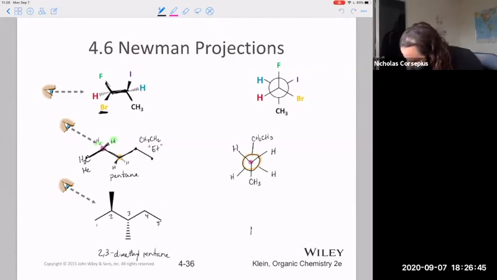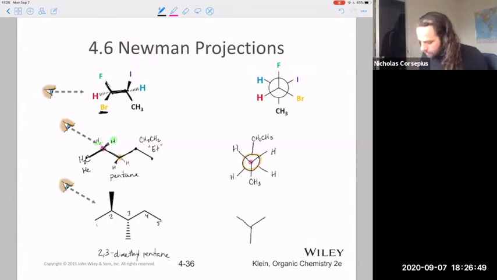So that means I'm going to start with the upside down Mercedes symbol. And now what's going to go where? So I have a methyl group here, but now I also have a methyl group here. This is still my ethyl group. And then down here will also be a methyl group on that back carbon.